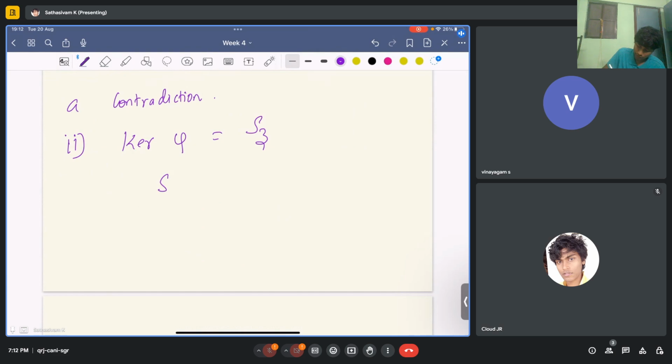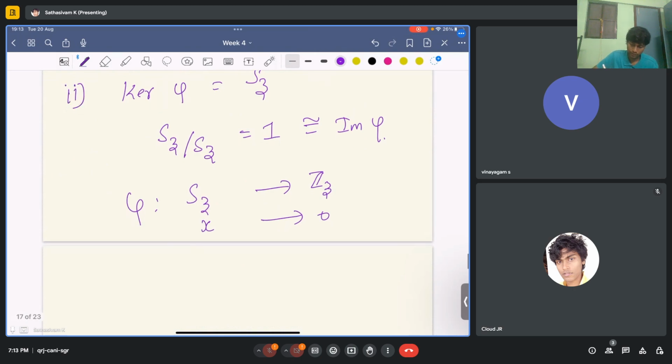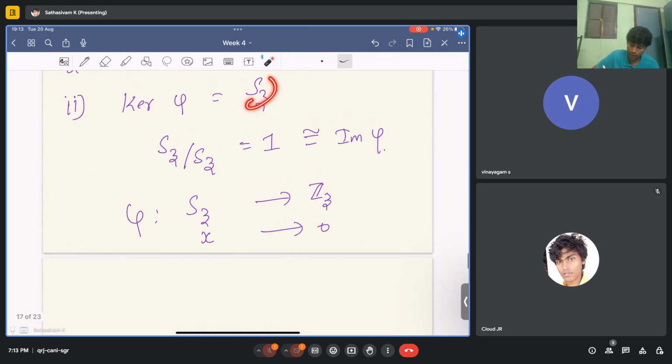Then G by kernel is the identity, and it is isomorphic to the image of phi. So there is only one map you can give, the same as S3 to Z3. The map is given by any x you take goes to 0. Because the kernel is S3, every element goes to 0. That is the only map here.